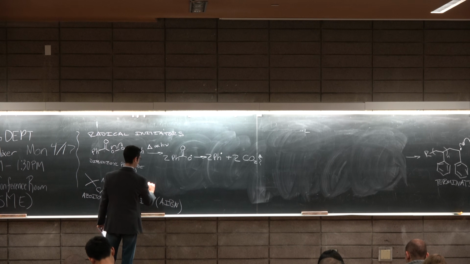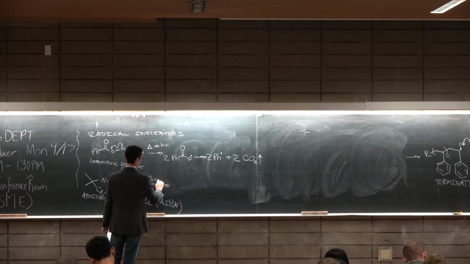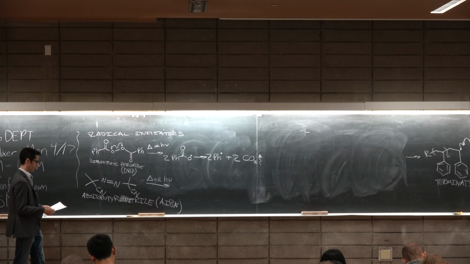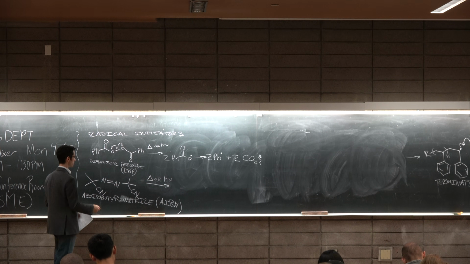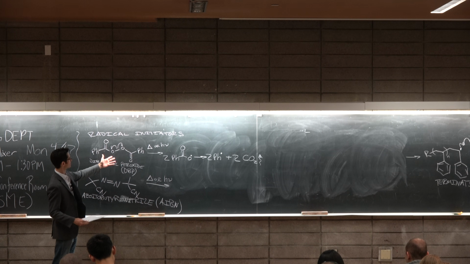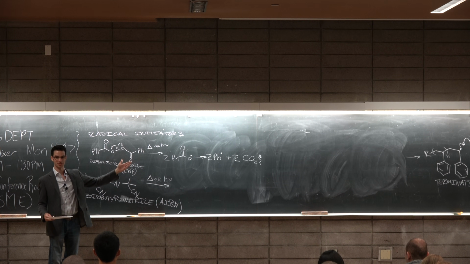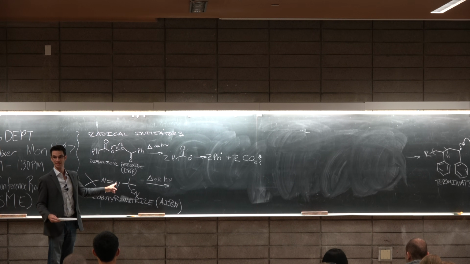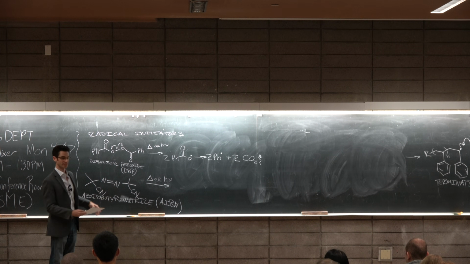And upon exposure to heat or light, what happens is, well, here, this reaction is driven by the fact that we have this gas ultimately to evolve that's very stable, and this one is too. So what do we have here? We have nitrogen gas, which is extraordinarily stable.